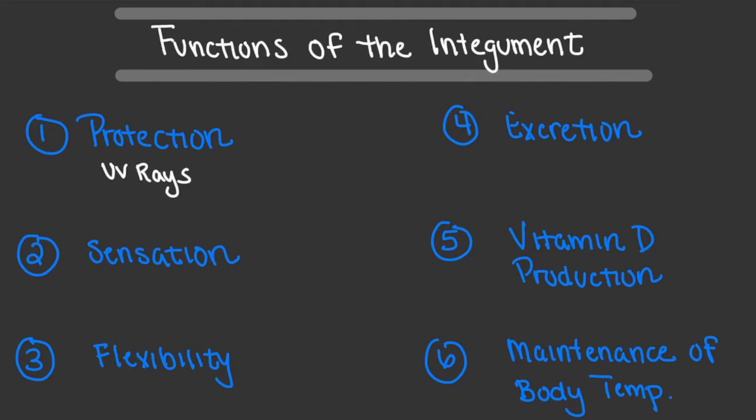And so the component of our integumentary system that protects us from the sun is actually melanin. And it is the melanin that gives our skin its tone, its color, but it also has this protective mechanism as well. And so without melanin, our skin would become much more susceptible to sunburns.